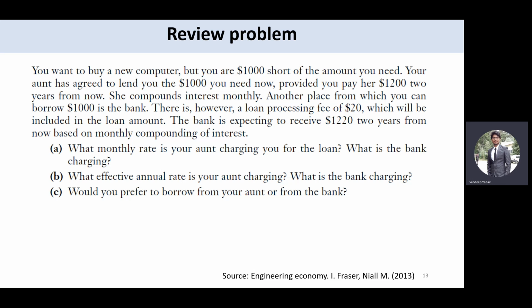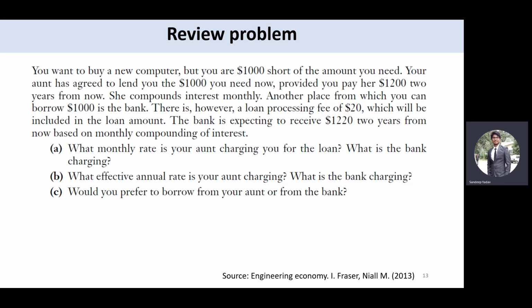Suppose you want to buy a new computer, but you are $1,000 short of the amount you need, and your aunt has agreed to lend you $1,000, provided you pay $1,200. Let's do it with the dollar itself.